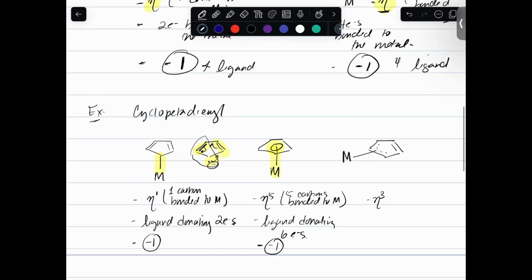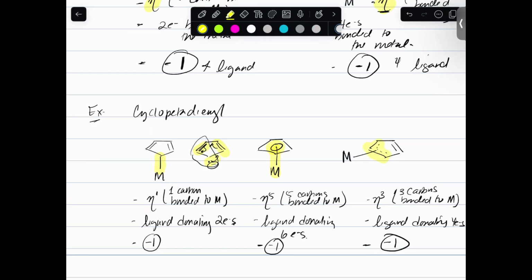Exactly same example. Just like before, in eta 3, there are 3 carbons bonded to the metal. The ligand is donating 4 electrons, just like before. And just like before, it has a -1 charge coming from the ligand. Okay?